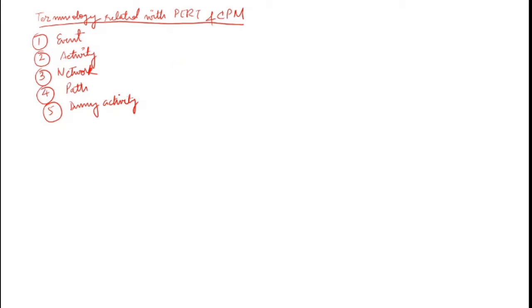So first is event and activity. What is an event and what is an activity? Activity is the work which is done to complete a project. Every activity has a start event and an end event. For example, this is an activity A which takes time, for example T1.